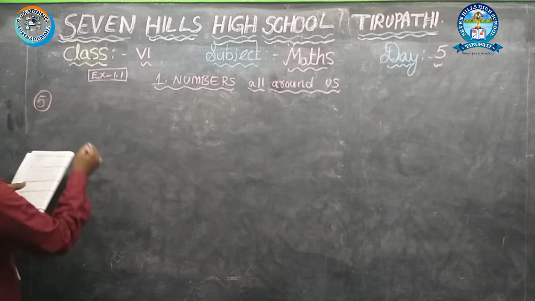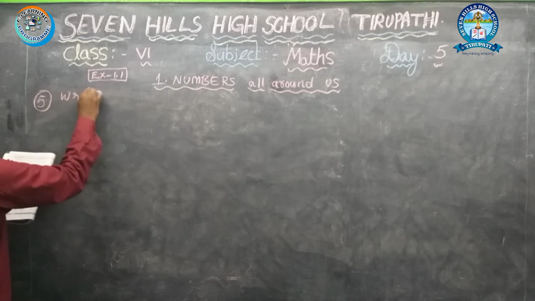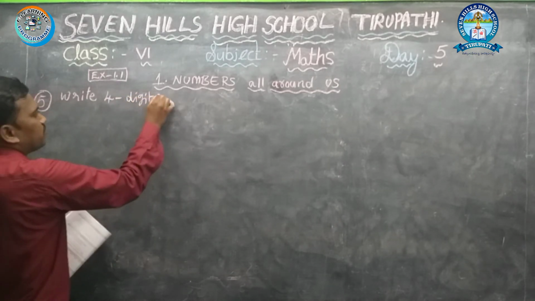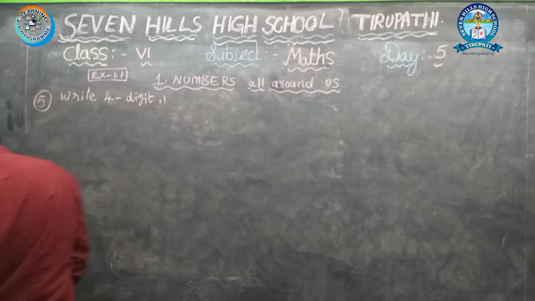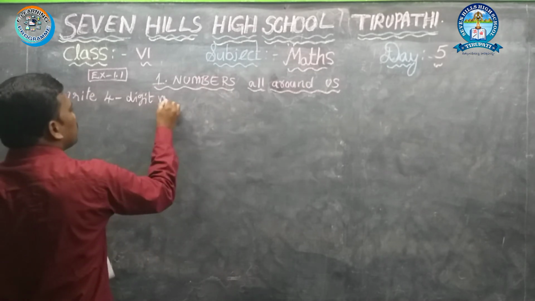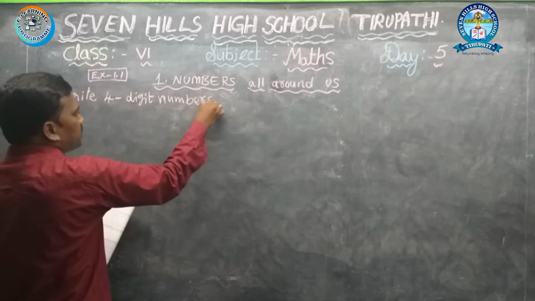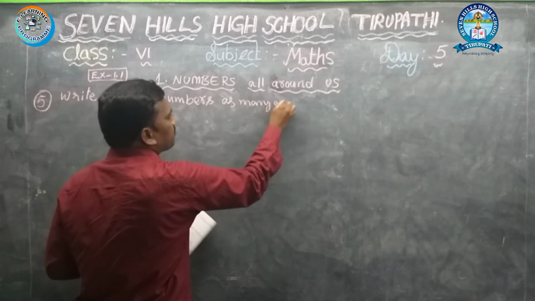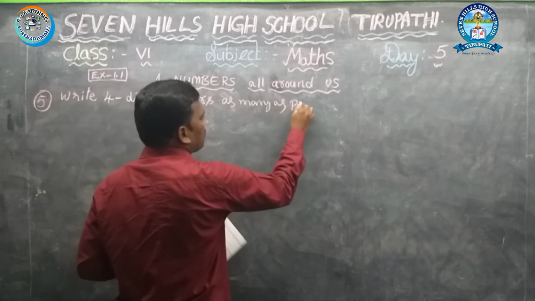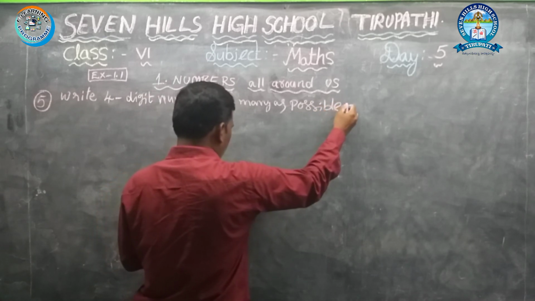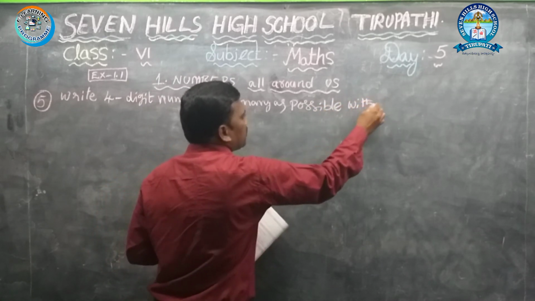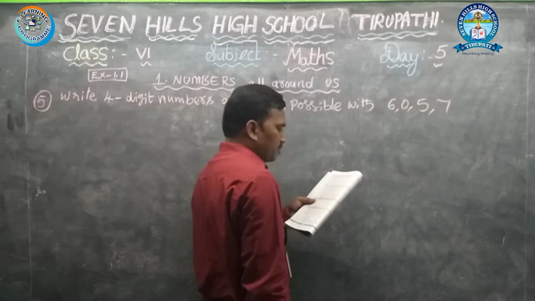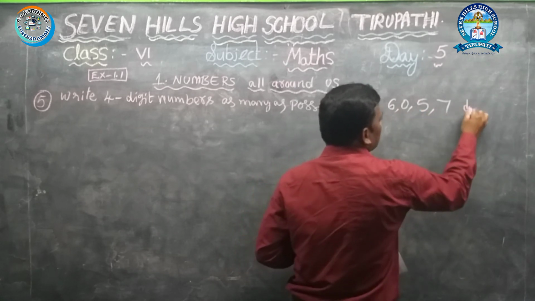In the fifth question, write 4-digit numbers as many as possible with the digits 6057.